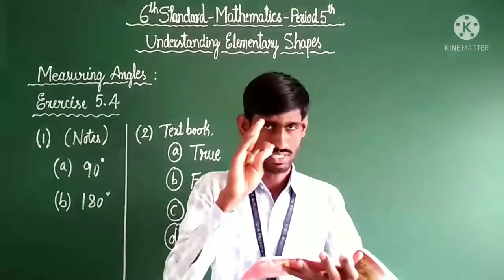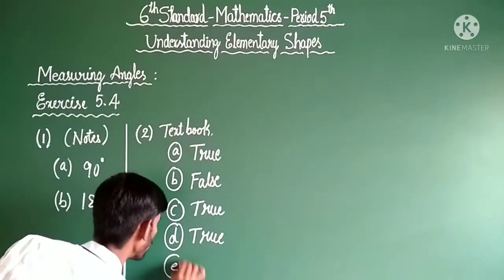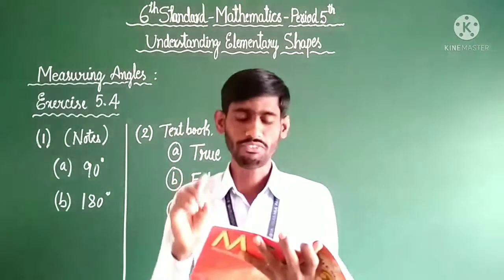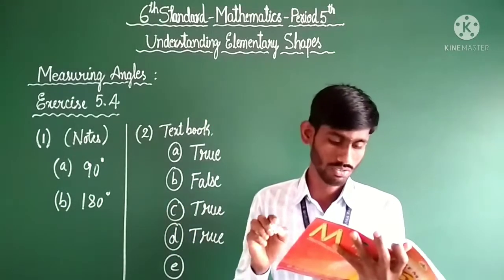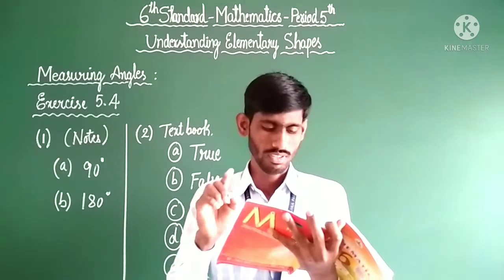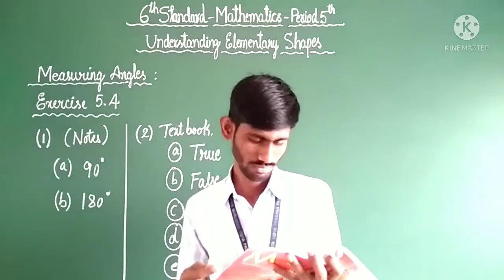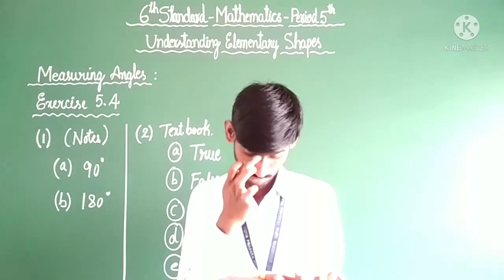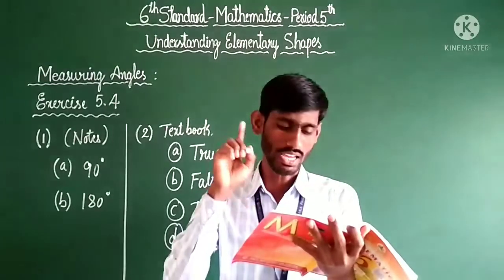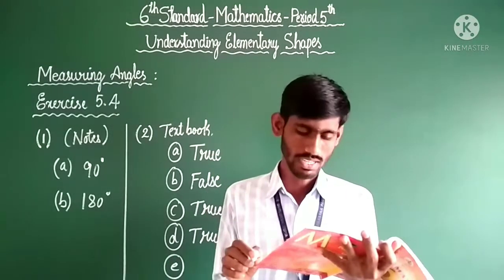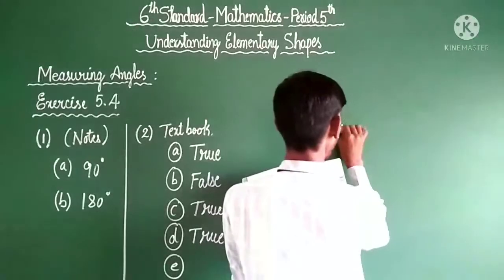Last statement, question number second and sub question E. If angle A is equal to 53 degree and angle B is equal to 35 degree, then angle A is greater than angle B. Angle A is 53 degree.